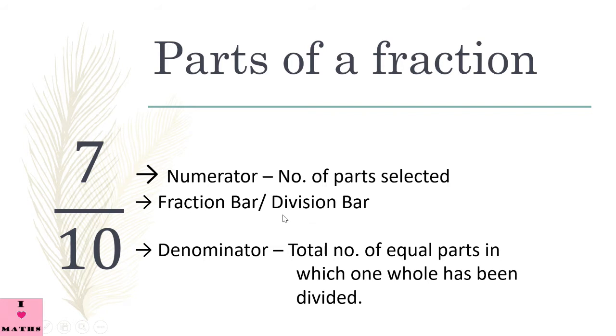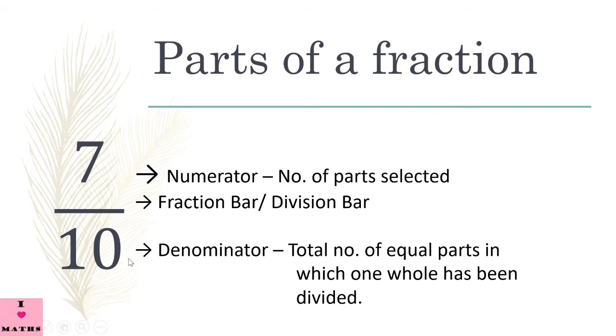Now, why is it called a division bar? The reason is that you divide one whole into equal parts. And that is the reason it is called the division bar, because we are dividing one whole into equal parts.